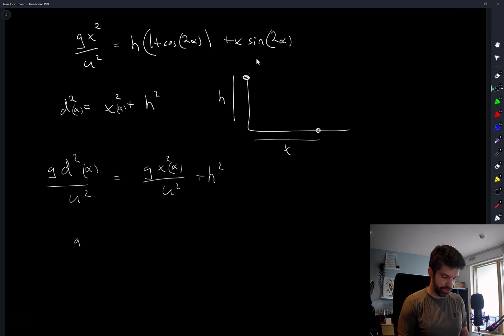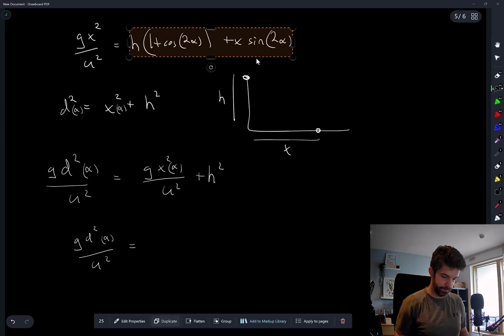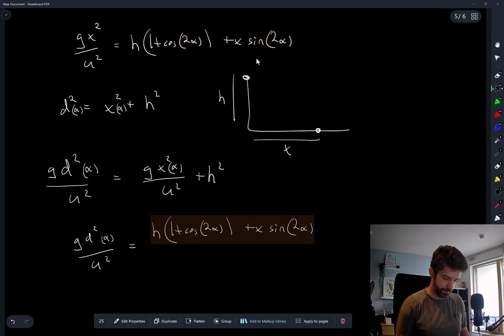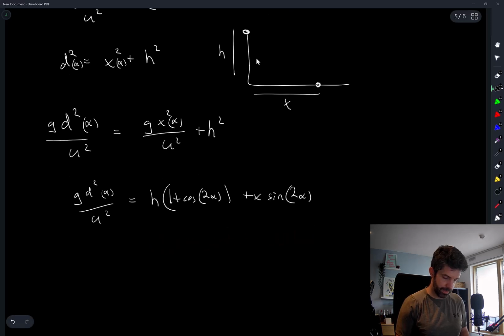And so I have g times d squared of alpha divided by u squared is equal to this. Oh, but I have an x in here. I don't want an x in there. I want everything in terms of d, because this x has to be treated as x of alpha.